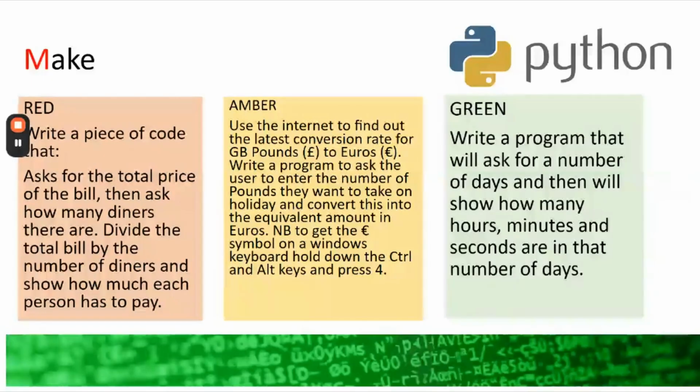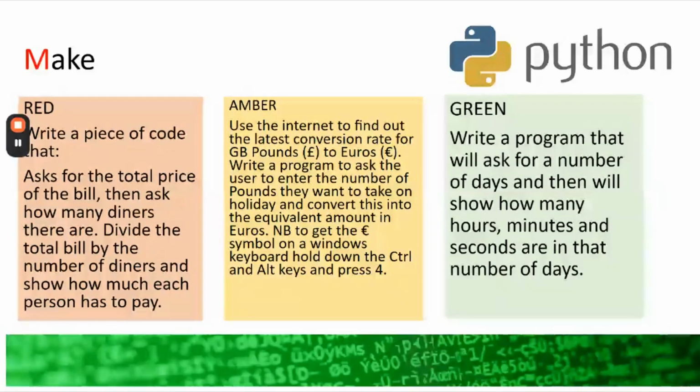So in the middle of that print, it's going to have some sort of working out where it times it by the conversion rate, and it's going to give you that as a euro symbol. Now, again, I've mentioned the fact that you can get a euro symbol on your keyboard by using Control, Alt, and 4, and it'll give you the euro symbol.